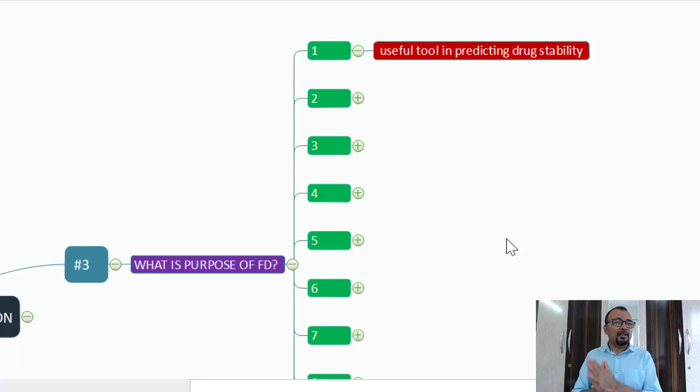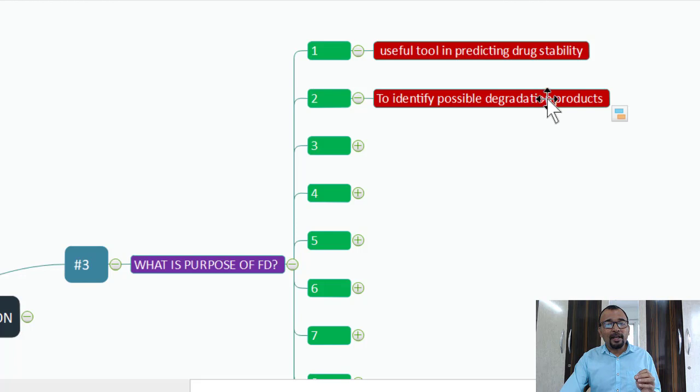If I expose the product to acidic conditions, am I getting some degradants out of the study, or am I not getting any degradants from the acid hydrolysis? This will tell about the product's susceptibility to the acidic environment. So it is going to help us in understanding what is the stability of the product under a given stress condition.